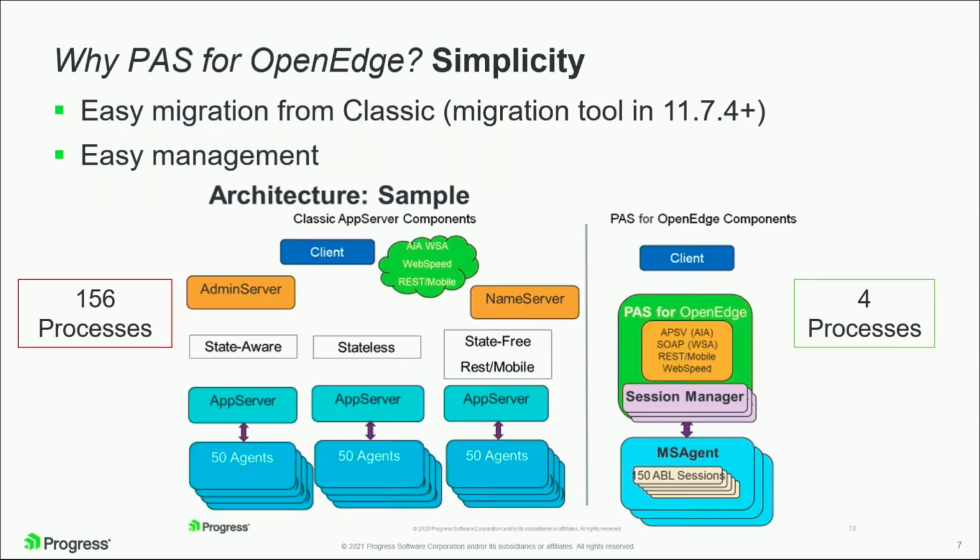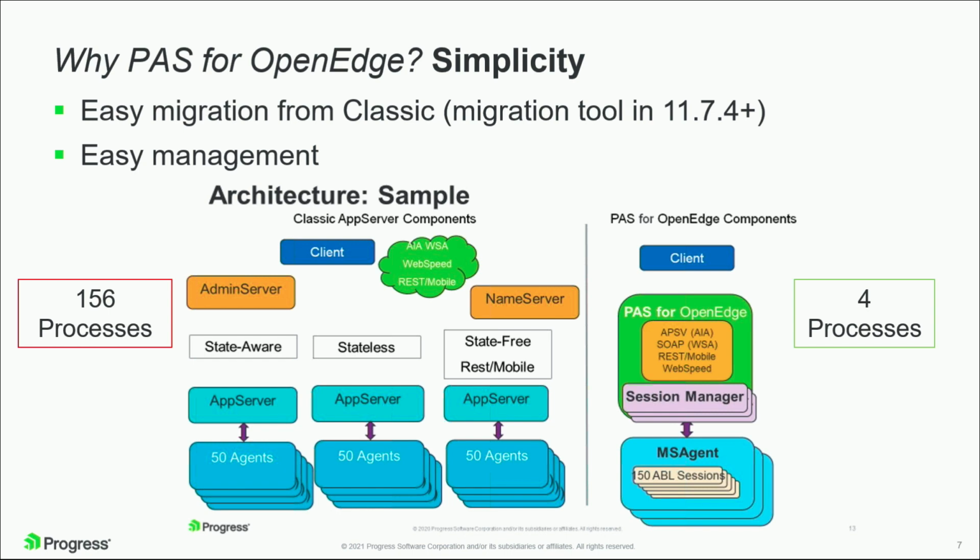So kind of continuing with what Roy was saying, on the left-hand side of this slide is a snapshot of the way things used to be. We always had an admin server. If you were doing load balancing, you had a name server. You maybe needed some adapters, so you may have been running the AIA, the WebSpeed adapter or the REST adapter in a separate Tomcat instance, for example.